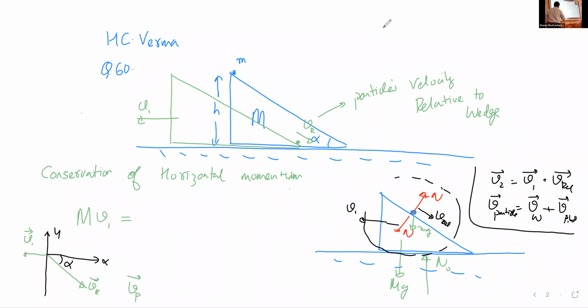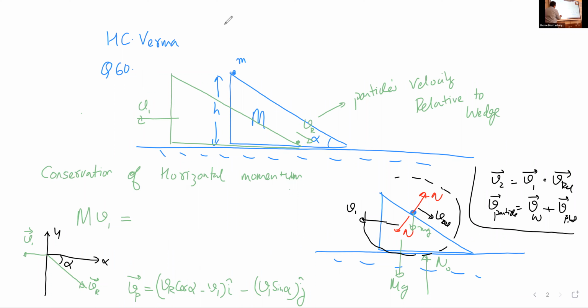From that relation, the vector sum, the particle's velocity in the ground frame becomes (VR cos alpha minus V1) i cap minus VR sin alpha j cap. This will also be required later for the energy conservation. That's why I'm writing it down below here. This is the particle's velocity in the ground frame.